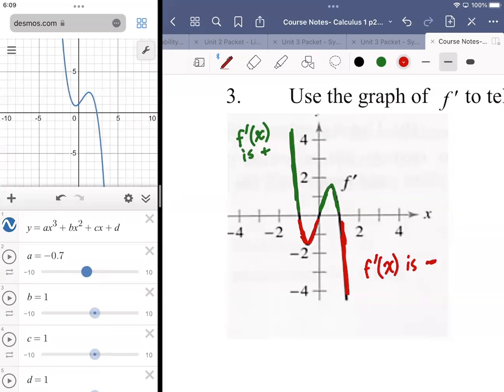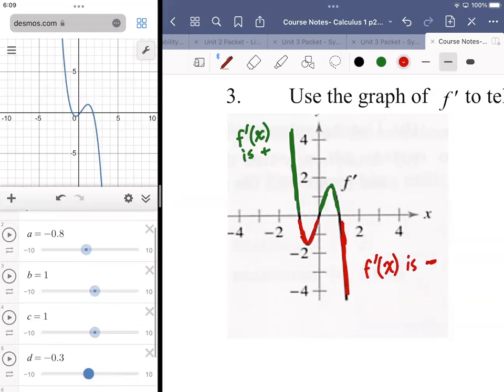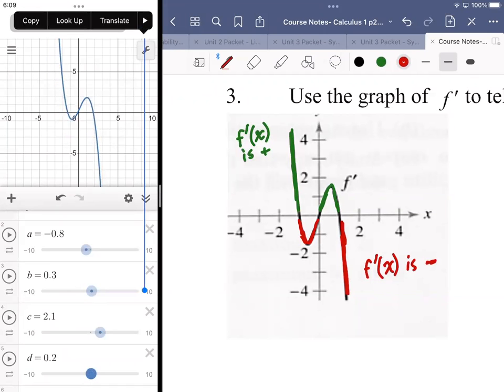We'd be looking at a negative a value. I probably want to shift it down. I might be looking at something along these lines, ballpark.